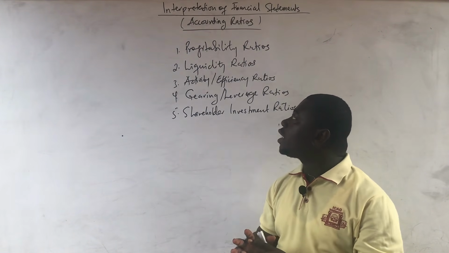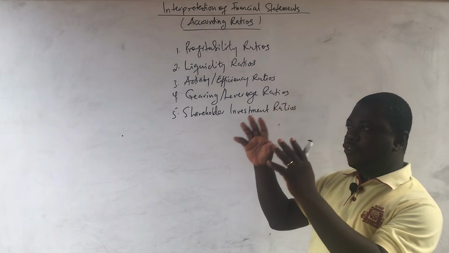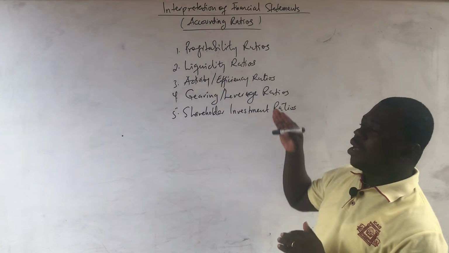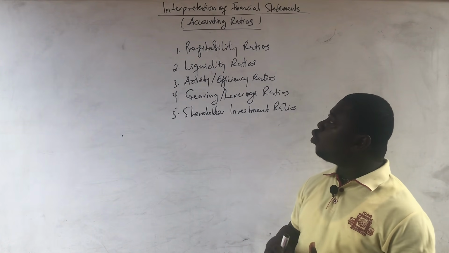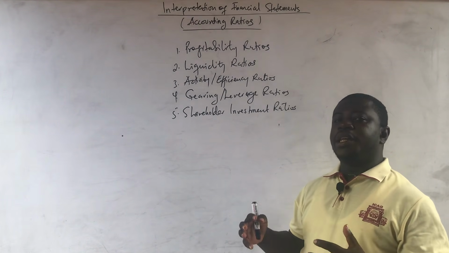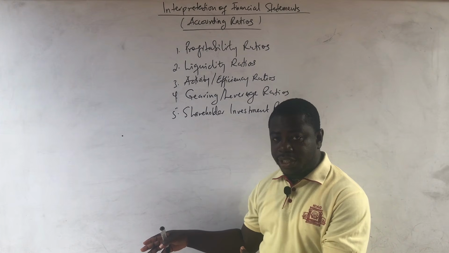Now, take note that each of these categories has a special focus of interpretation. The profitability ratios deal with issues about profitability. We are going to use the profitability ratios to interpret the profitability and the financial performance of the business as far as profitability is concerned.